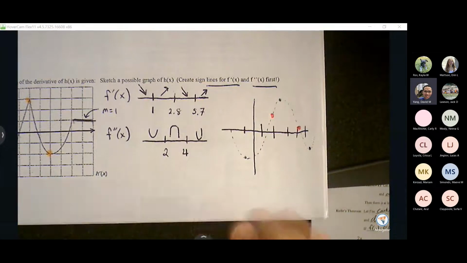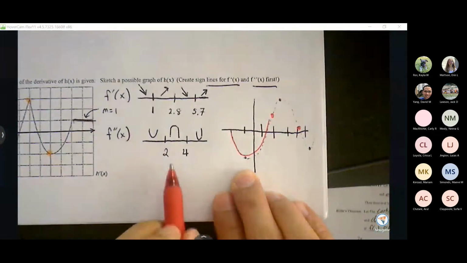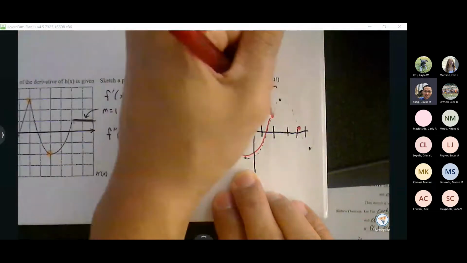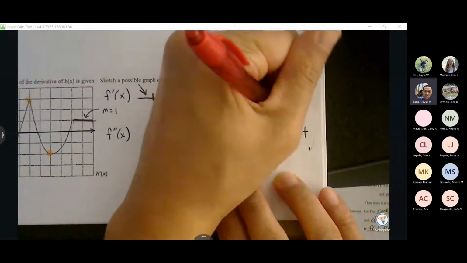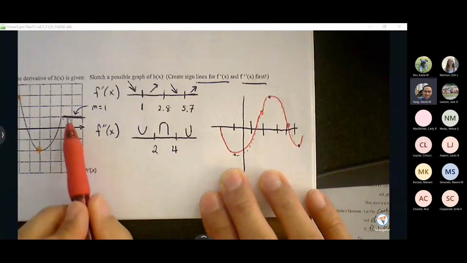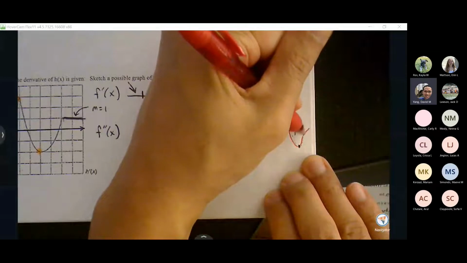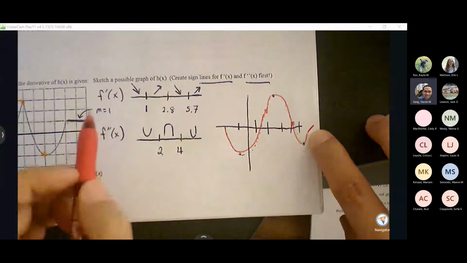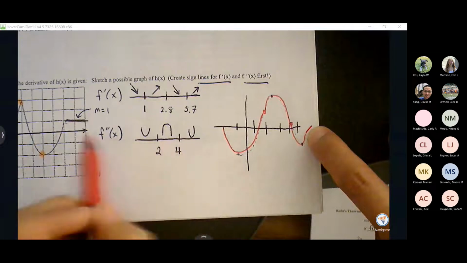So first, it's going to start off as concave up, going to transition over to concave down. And then from 4 on, it's going to be concave up. Right? But then for a slight moment there, the graph is going to all of a sudden turn into a slope of 1. And slope 1 is just going to be a line because of this.